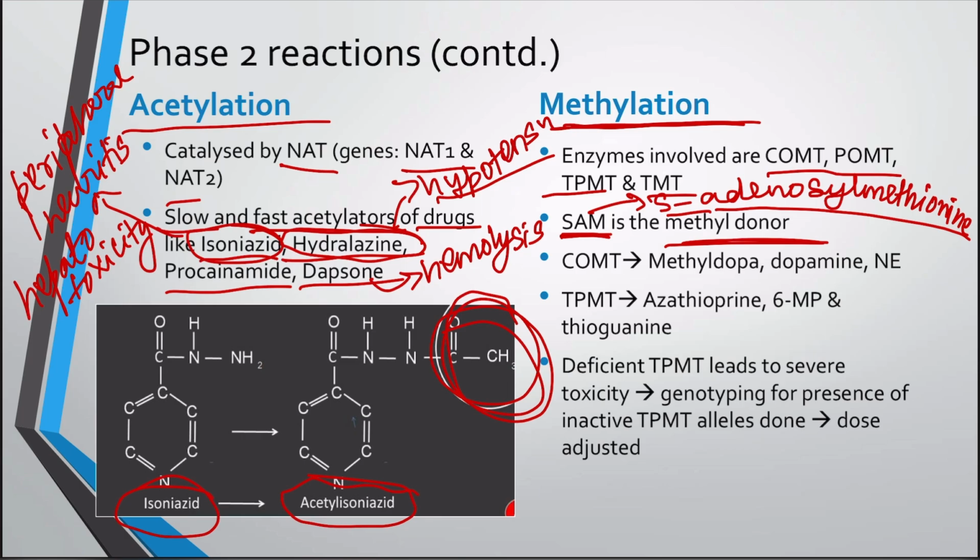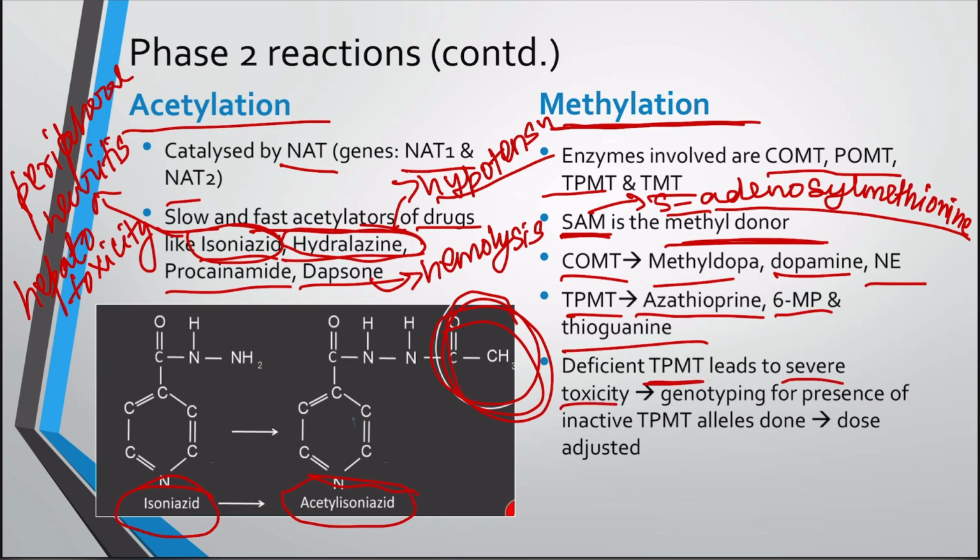So the different enzymes which I have mentioned here, that is COMT, catechol O-methyl transferase, is responsible for metabolizing methyldopa, dopamine and norepinephrine. Then TPMT, thiopurine methyl transferase, is responsible for metabolizing drugs like azathioprine, 6-mercaptopurine and thioguanine. So in case of deficiency of TPMT, it leads to severe toxicity.